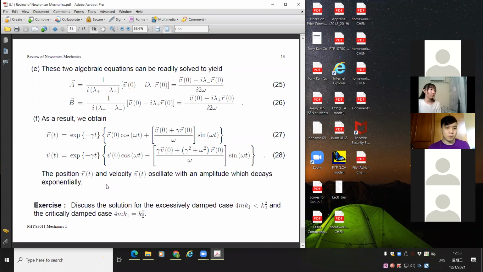Now another exercise for you. Discuss the solution for the excessively damped case, that means 4mk1 is less than k2 squared, and the critically damped case, 4mk1 equal to k2 squared.